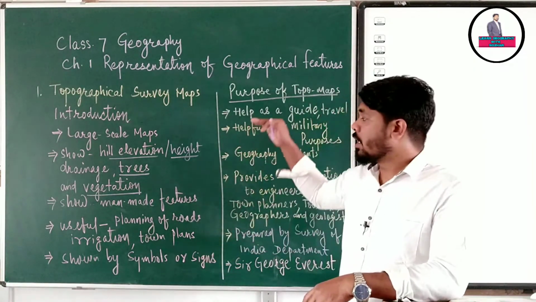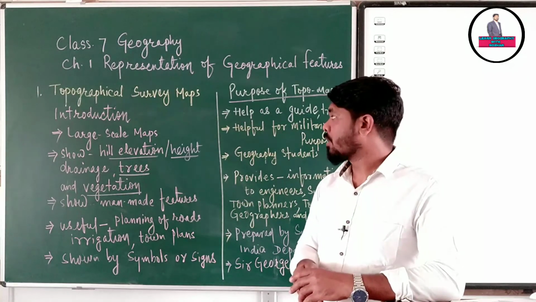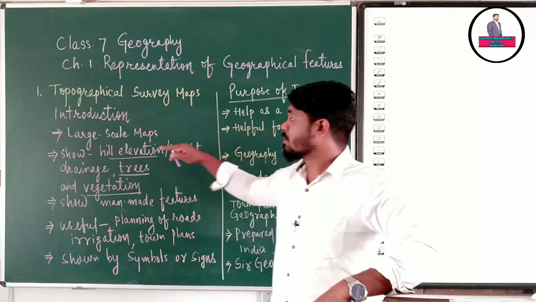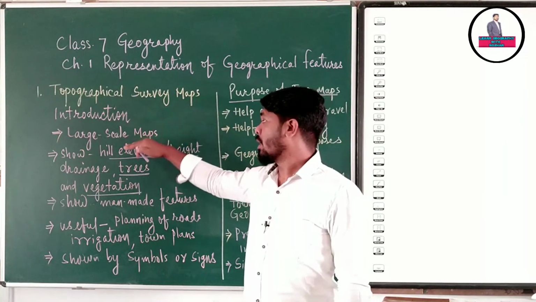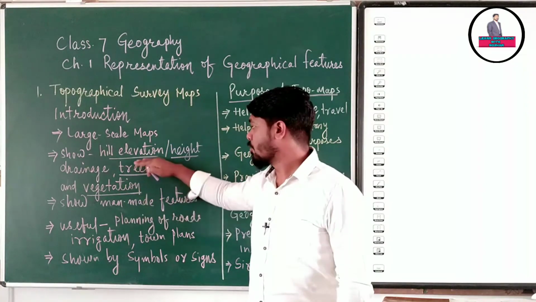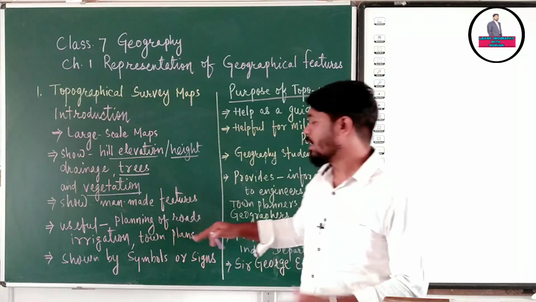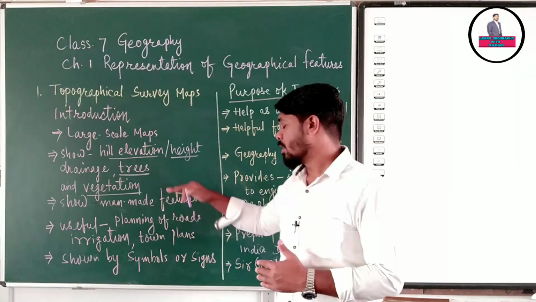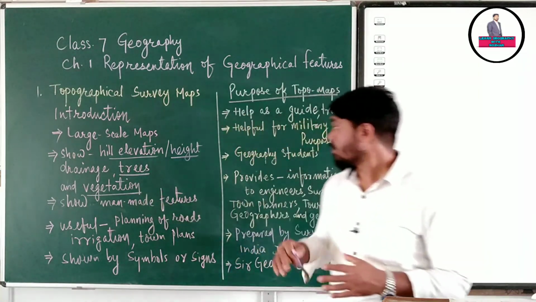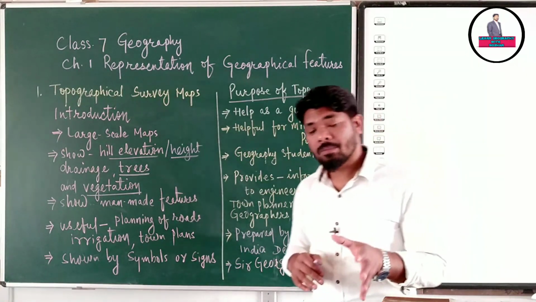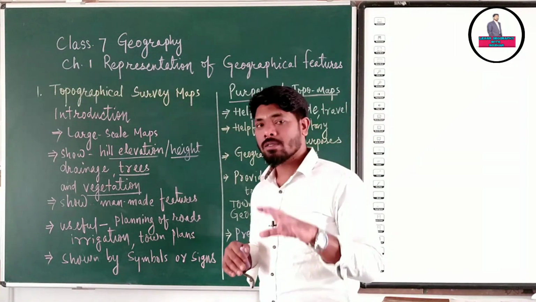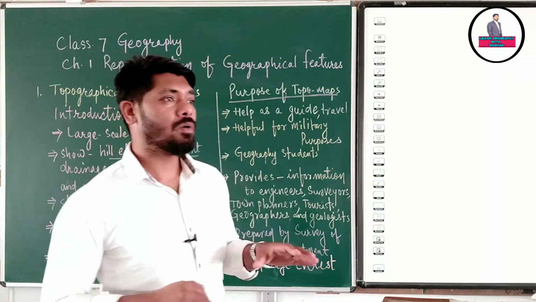So this is a brief introduction to the topographical survey maps, and you need to understand that topographical maps are drawn on a large scale to show the natural physical features and the man-made features. It is helpful for town planners, for planning of roads and irrigation, for military purposes, as well as for geography students, as it provides more information about a particular area.